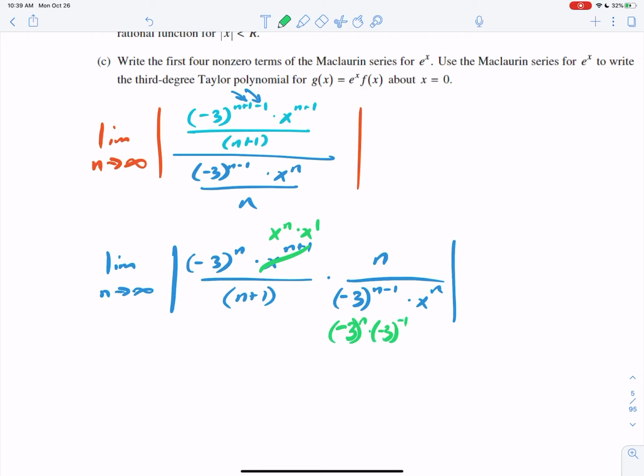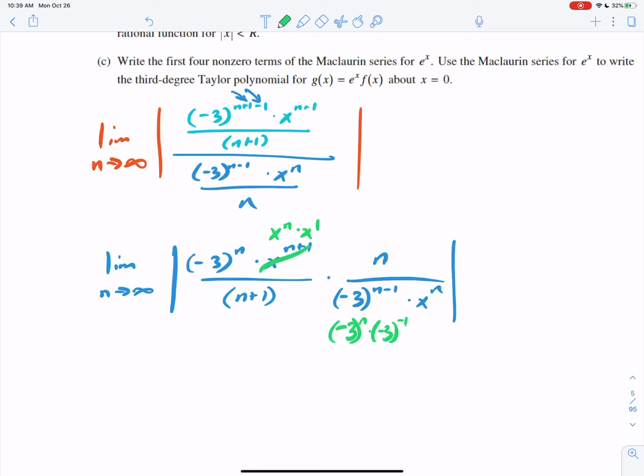Okay? And again, you don't have to write out this step. I'm doing it so that you guys can see what cancels out. So I notice that x to the n and x to the n goes away. -3 quantity to the n will cancel out as well. Okay? Anything that has nothing to do with n will pop outside of the limit.